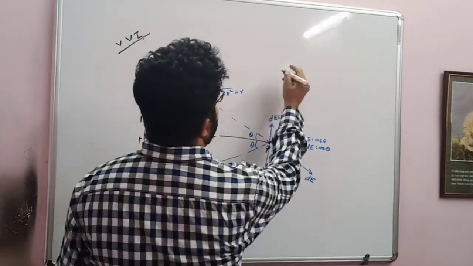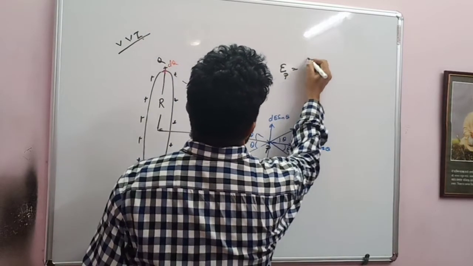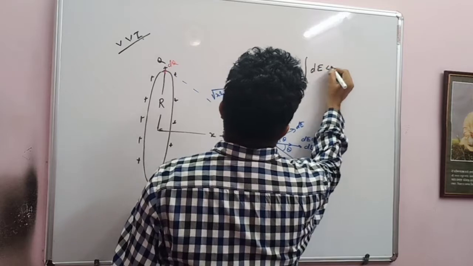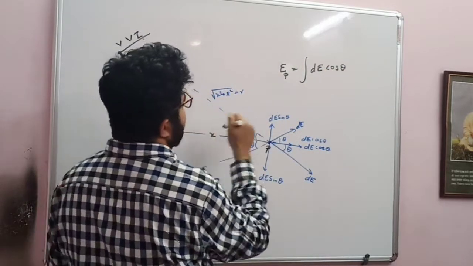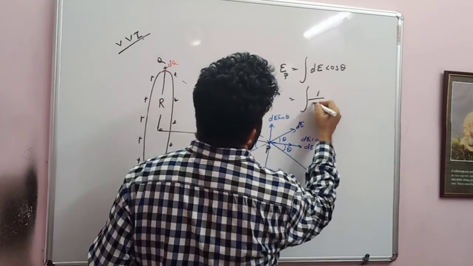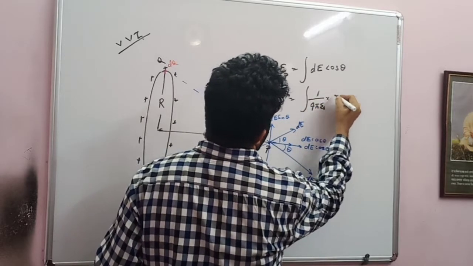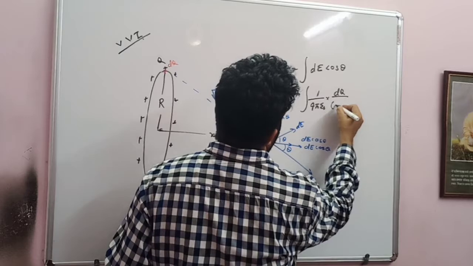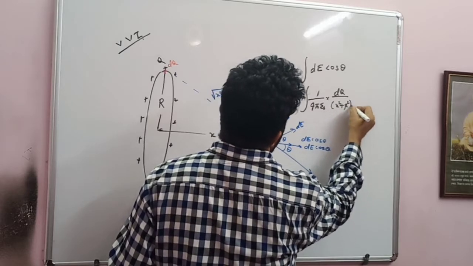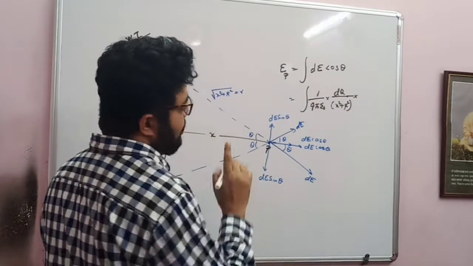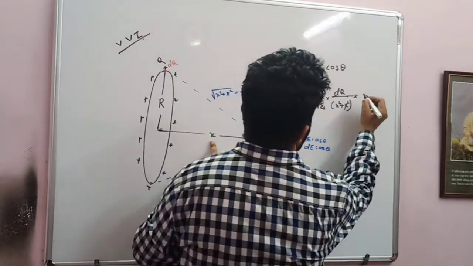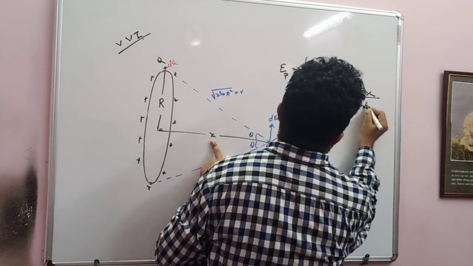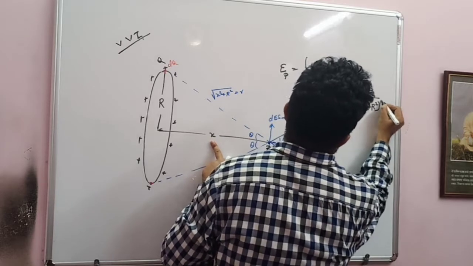So net electric field at P is the integration of dE cos theta. Now dE, for the small part, the value is 1 by 4 pi epsilon naught dq by (x square plus r square), into root का square किया, and for this cos theta what we can write, base upon hypotenuse. So x by (x square plus r square) to the power half.